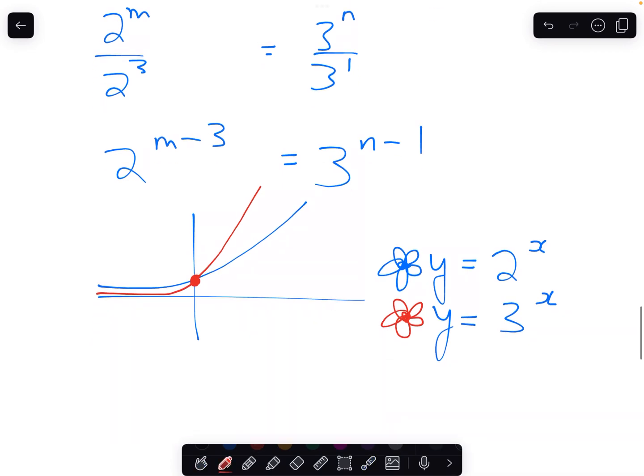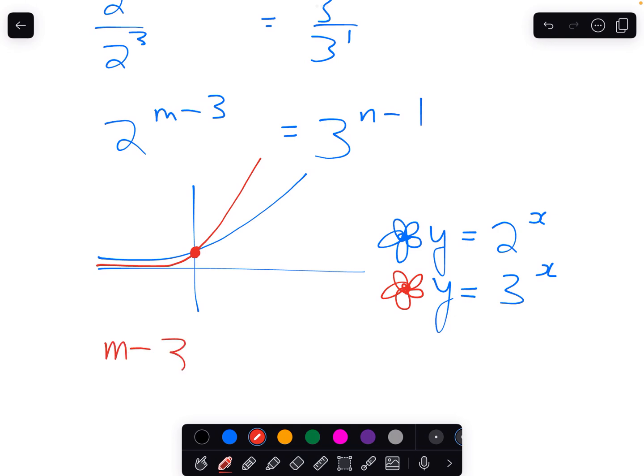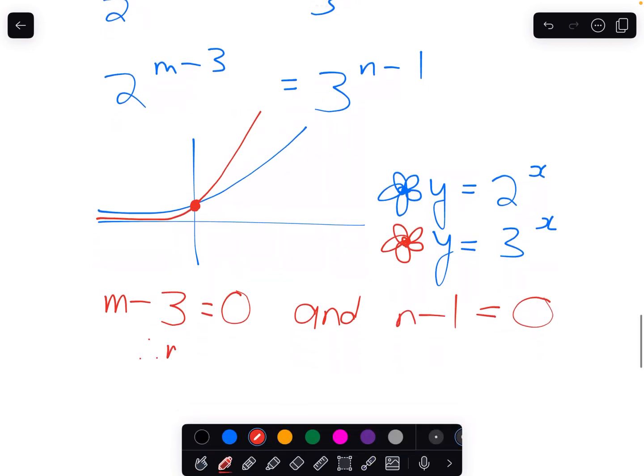So their solution says m minus 3 would need to be 0 and n minus 1 would need to be 0 in order for these two to be equal. So then m is equal to 3 and n is equal to 1, and m plus n will again be equal to 4. So that's an interesting way to look at it. My brain was not switched on.